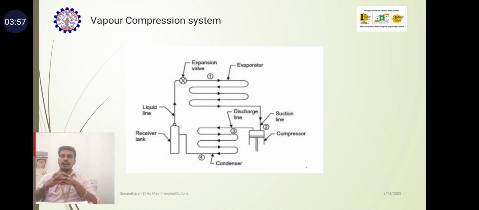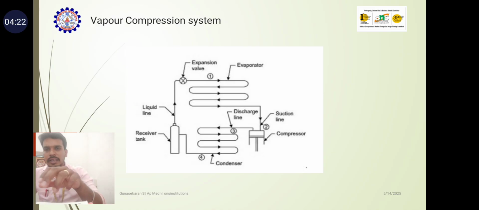Due to this drop in pressure, a portion of the refrigerant vaporizes and cools rapidly. Here we get a low pressure, low temperature mixture of liquid and vapor.